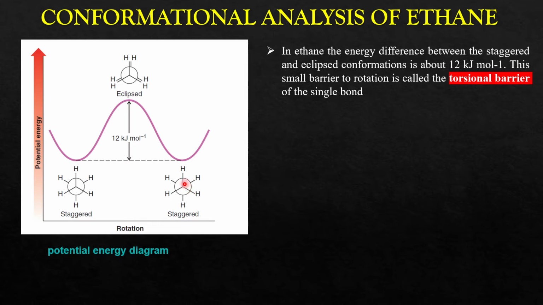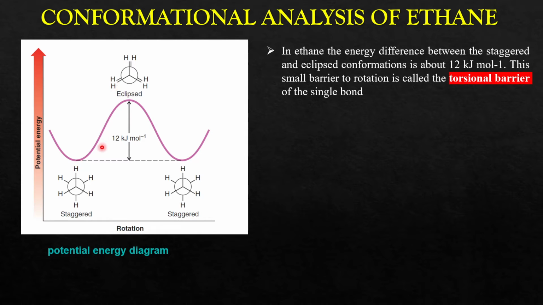In my previous slide, I already said that the staggered conformation is energetically much more stable due to the lower London repulsion force, whereas in the eclipsed conformation the repulsive force between these two hydrogen atoms is very high. In the staggered conformation, this type of repulsion force is not there, so it is much more stable compared to the eclipsed conformation.